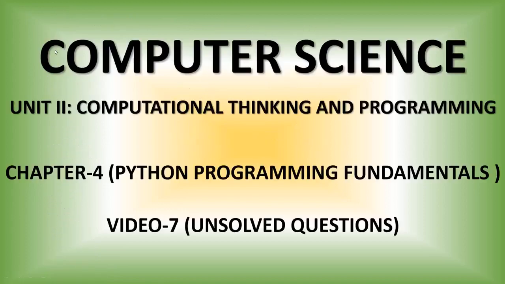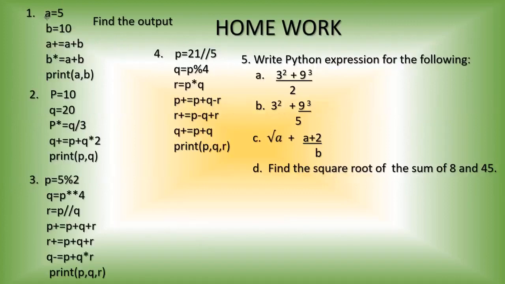See that a is 5, b is 10, and the first expression is a plus equal to a plus b. A plus equal to a plus b means a equal to a plus b. A is 5. 5 plus 10, 15. 15 plus 5, 20.